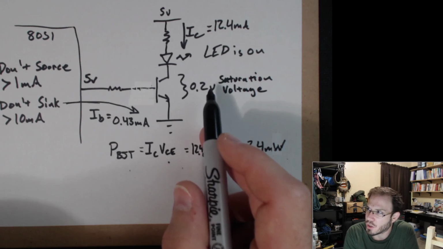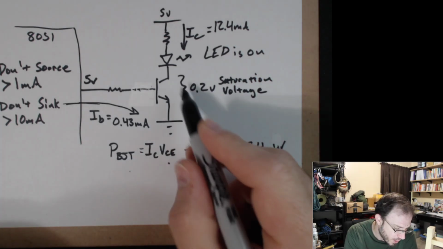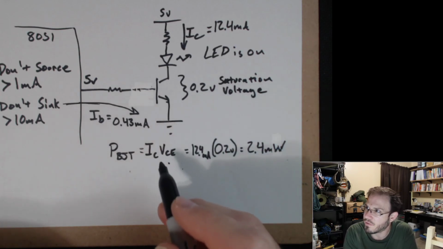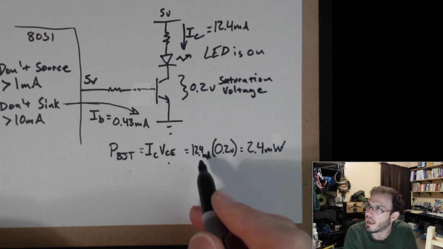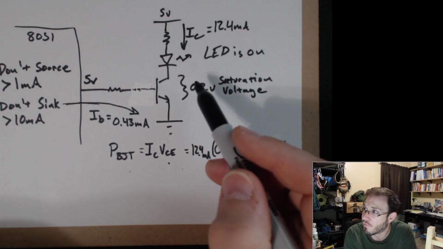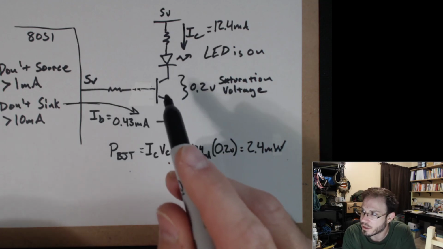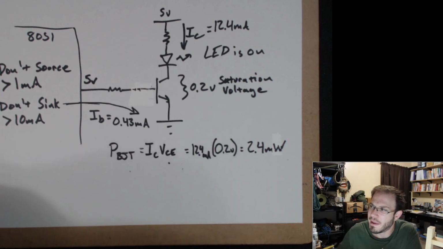If we're in saturation mode, one of our three modes, you're always going to get 0.2 volts between the collector and the emitter. But that's only half of the equation for calculating your power. You still need to figure out what your collector current is. Because if your collector current is too high, let's just say it was like 40 milliamps, now your transistor is going to get toasty. Does that make sense?